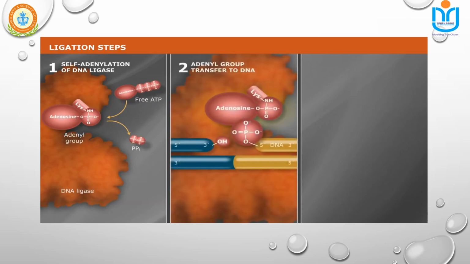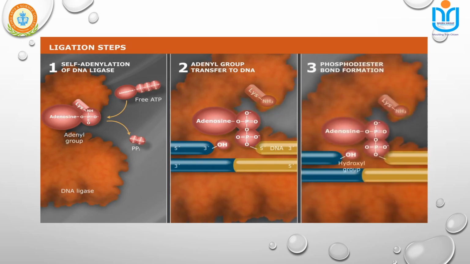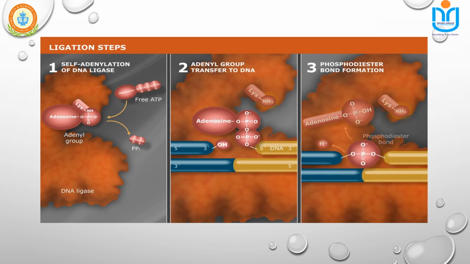Next, the adenyl group is transferred to the 5' phosphorylated end of the donor strand. Lastly, the formation of the phosphodiester bond proceeds through the reaction of the adenylated donor end with the adjacent 3' hydroxyl acceptor, accompanied by the release of AMP.